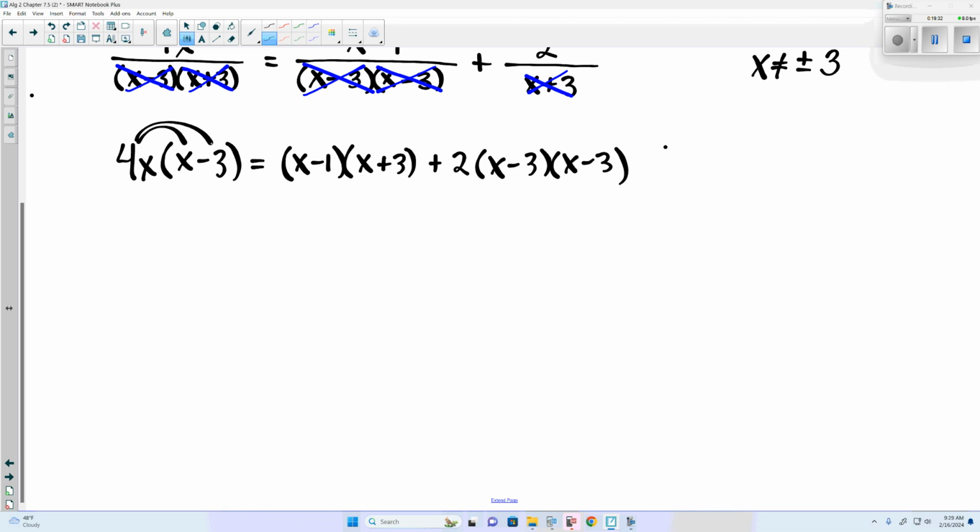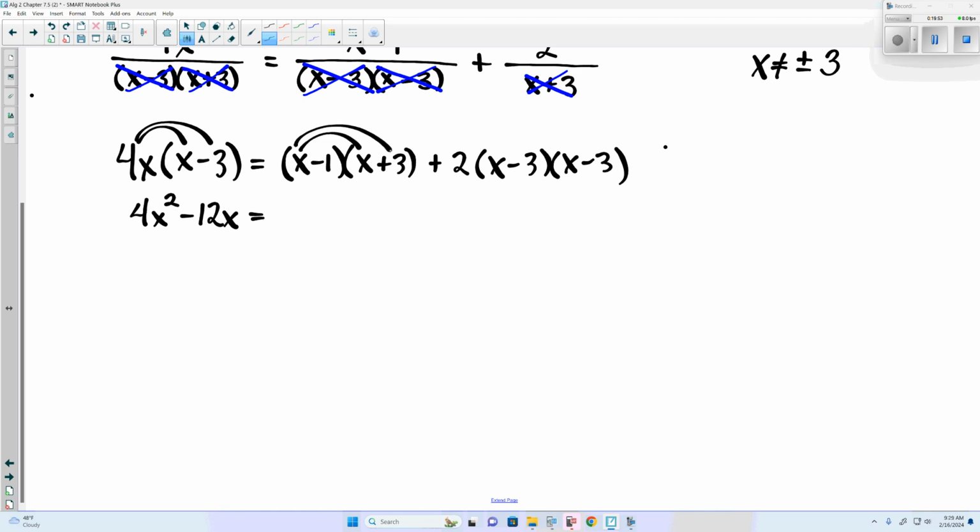Now we look at this here, I'm going to show you a little shortcut. We can distribute the 4x. 4x times x is 4x squared. 4x times negative 3 is negative 12x. Well, x minus 1 and x plus 3 didn't show up anywhere else. So let's go on and multiply those two.